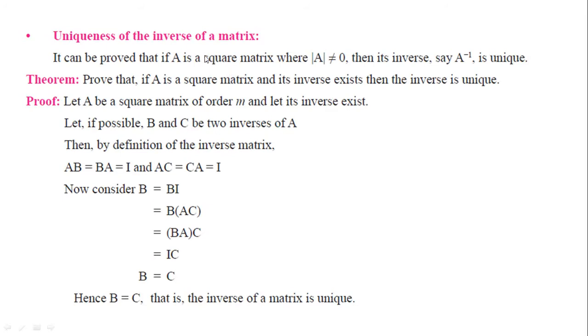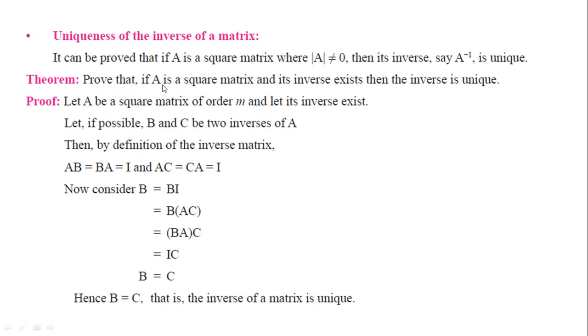The inverse must be unique, so the inverse is always unique. That uniqueness we will prove in this theorem. It can be proved that if A is a square matrix where the determinant of A is not equal to 0, then the inverse is denoted as A inverse and it is unique. So let us see the theorem which is given in your textbook. We will just discuss it theoretically.